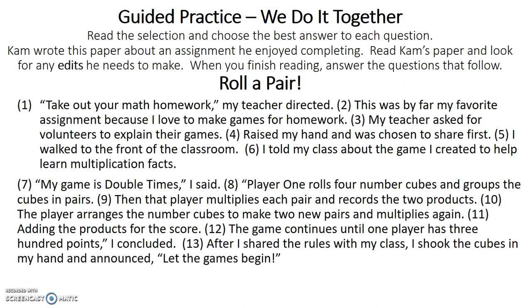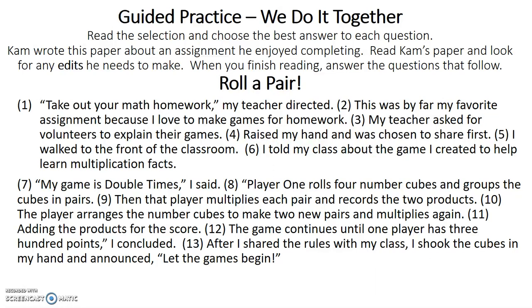So, looking at sentence 4, raised my hand and was chosen to share first. Does that sound correct? No, it does not sound correct. It is missing a subject. We need an I. If it said I raised my hand and was chosen to share first, then it would be a complete subject and predicate.